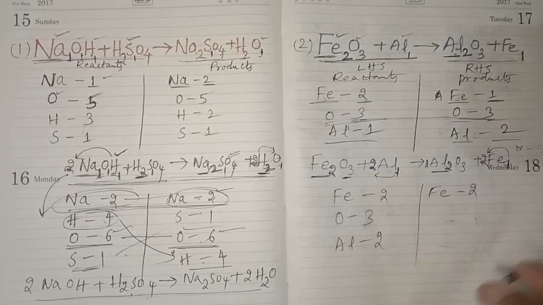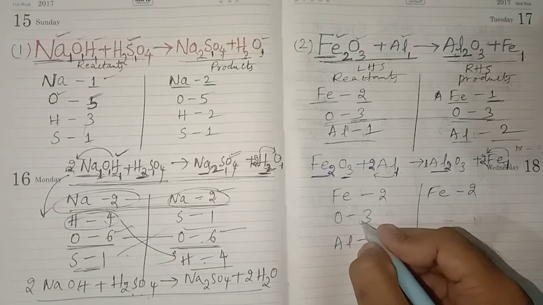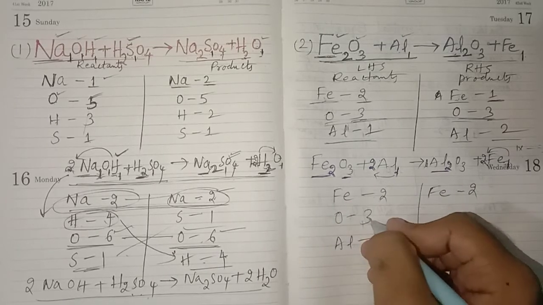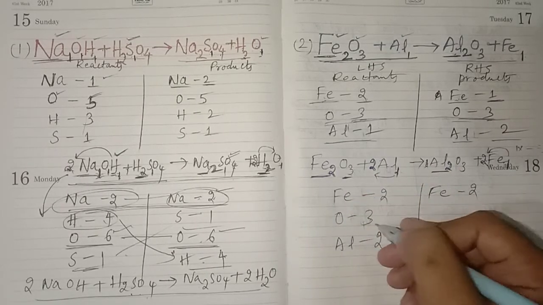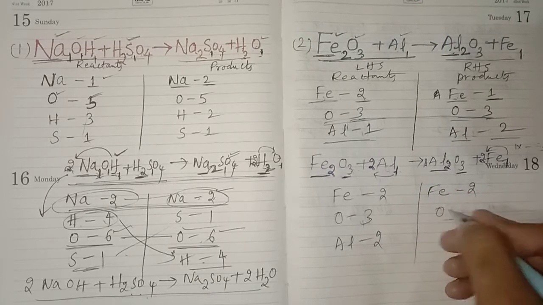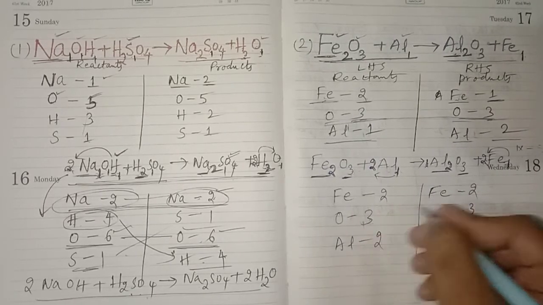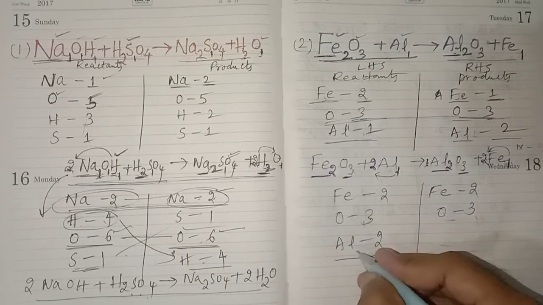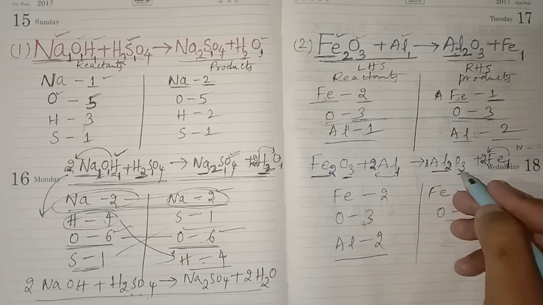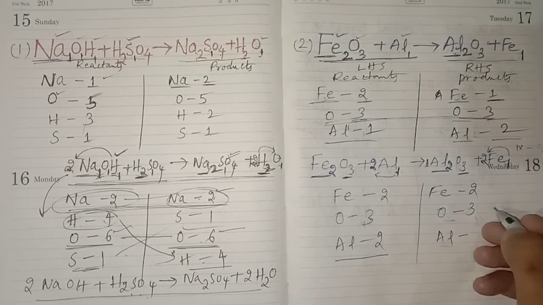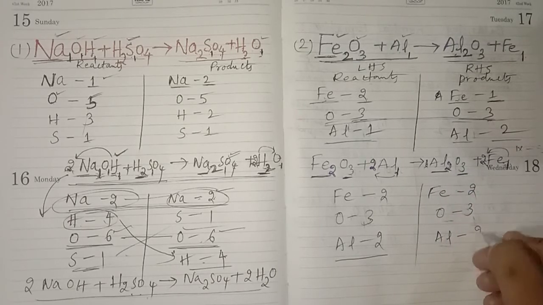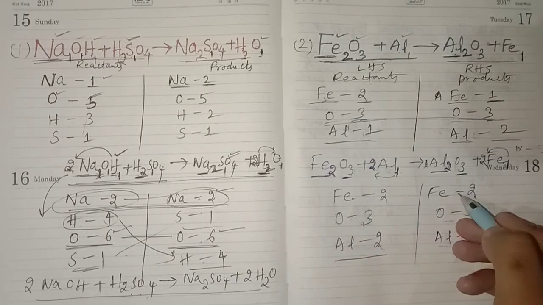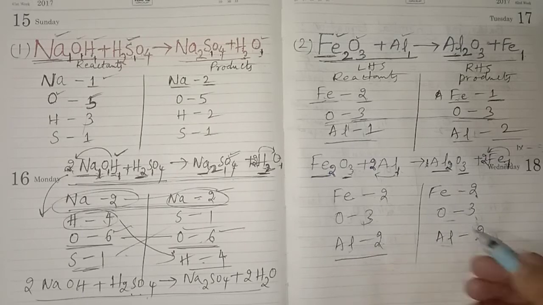Therefore iron is balanced here. Oxygen, how many atoms of oxygen? 3 atoms at reactant side, and at product side they are already balanced. The number of atoms of oxygen on both sides are equal. Then the aluminium atoms at product side, how many? 2. So Fe2, Fe2, O3, O3, Al2, Al2.